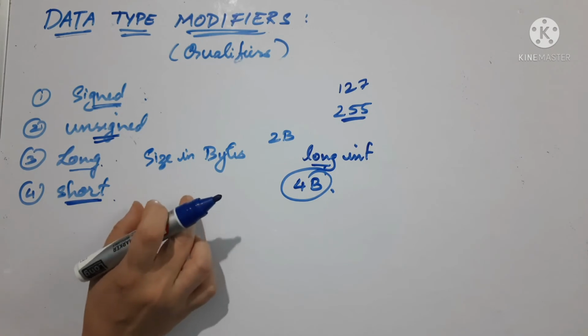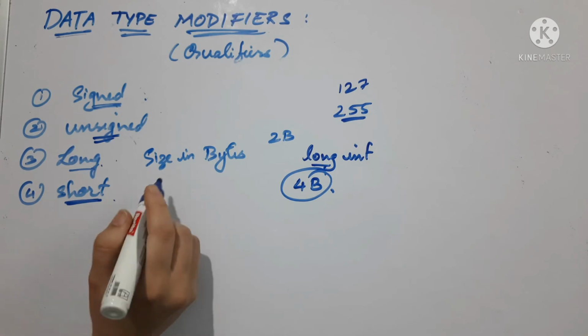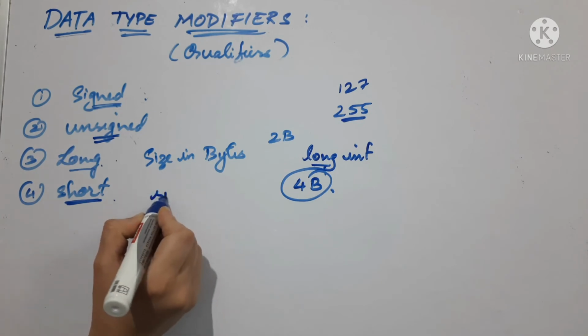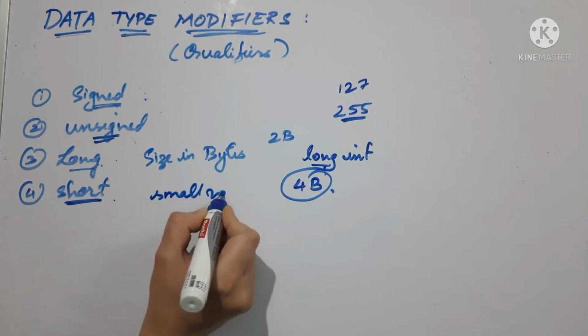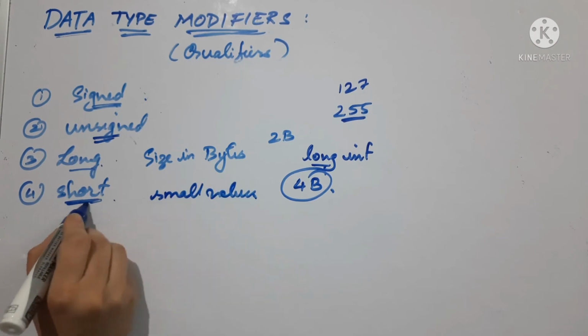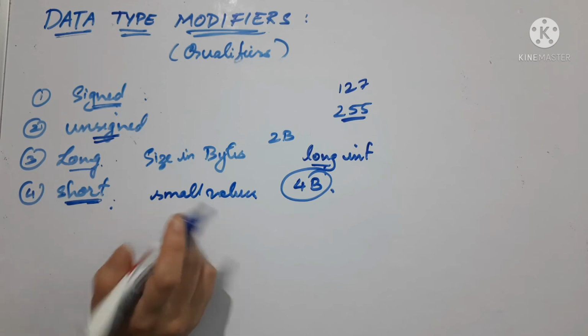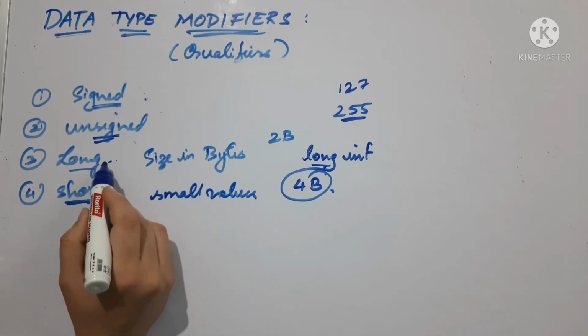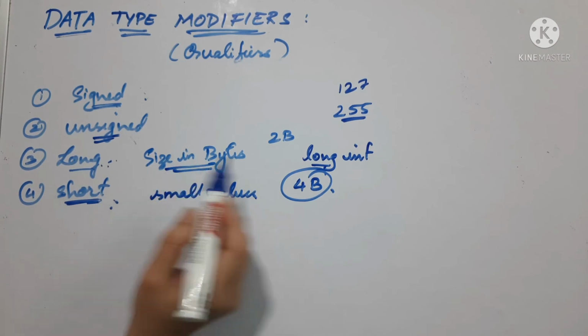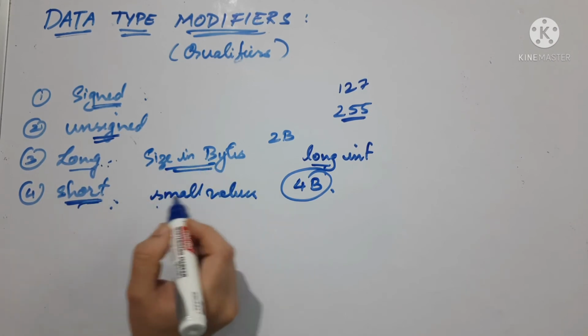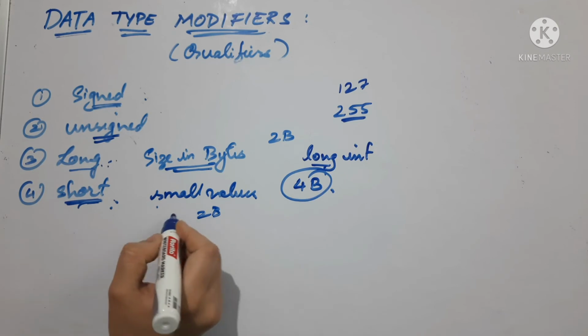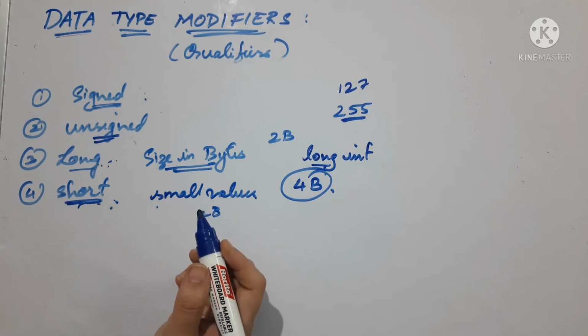Short shortens the length of data. That means if I am using very small values, then I can just mention short int. This will be for small values of data. So we have long and short. Long will increase the size and short will decrease the size. That means it will not occupy 2 bytes. Less than 2 bytes will be occupied by these short values.